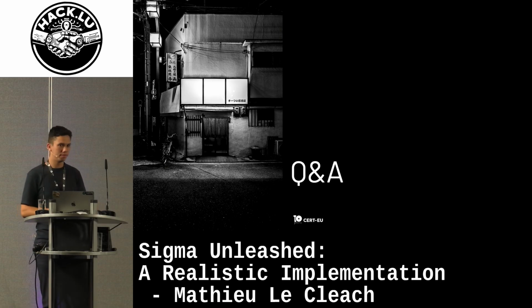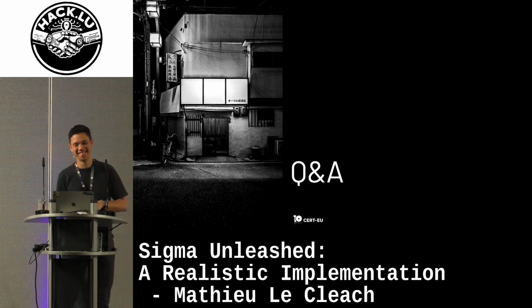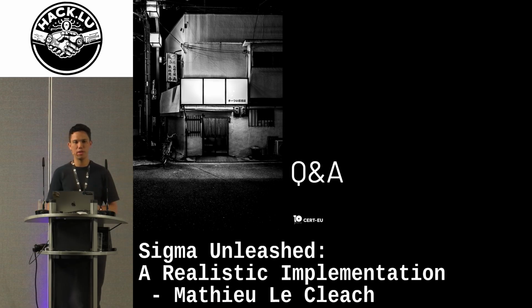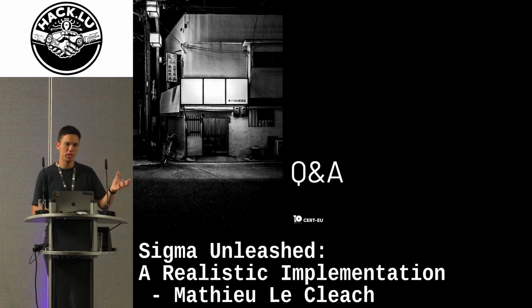Sorry, I didn't hear the end of that answer. Can you repeat the last 10 seconds? I said we have filtering in and filter out. We can filter in at Sigma rules, and when we filter out, we still receive the alert.